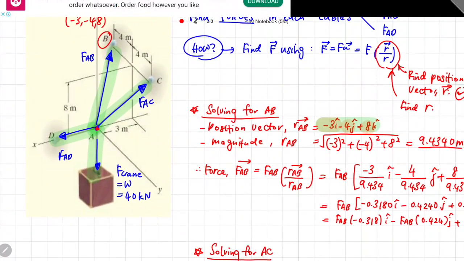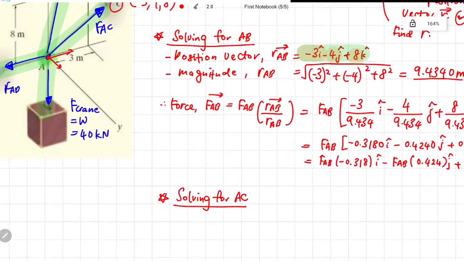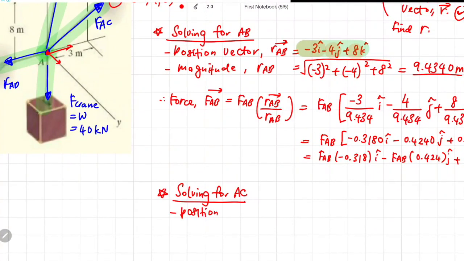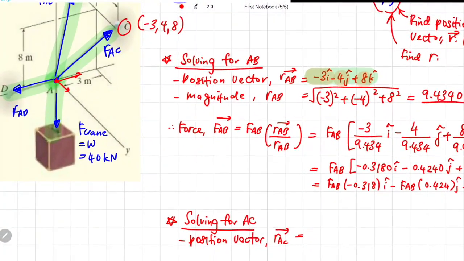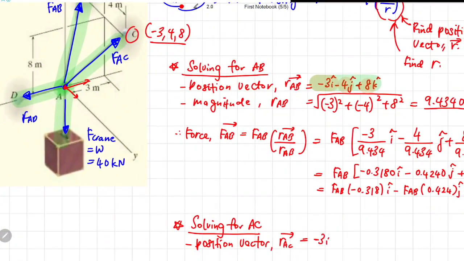So again, find the coordinate of point C. So simply, kita boleh tengok our point C, it would be equivalent to -3 along the X direction, and then it would be +4 along the Y direction, and +8 in the Z direction. And then you redefine that coordinate in a vector form or in a Cartesian form, and you will get a value of -3i plus 4j plus 8k.